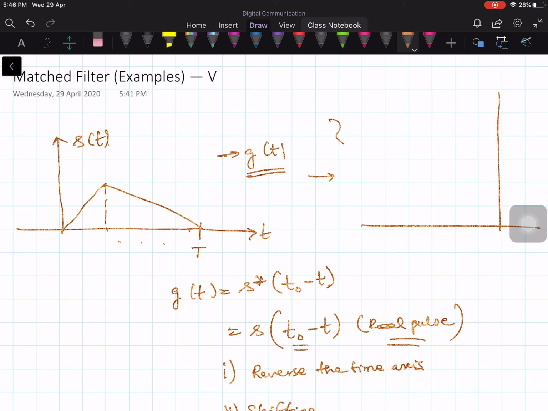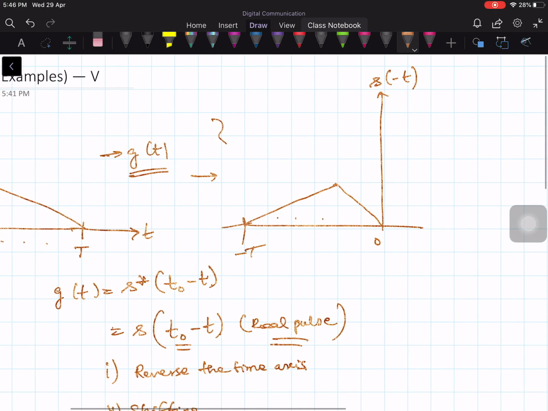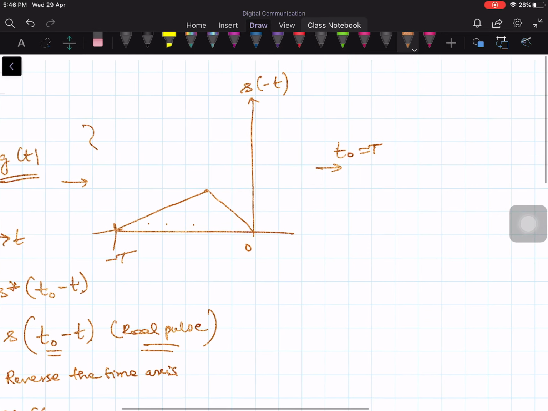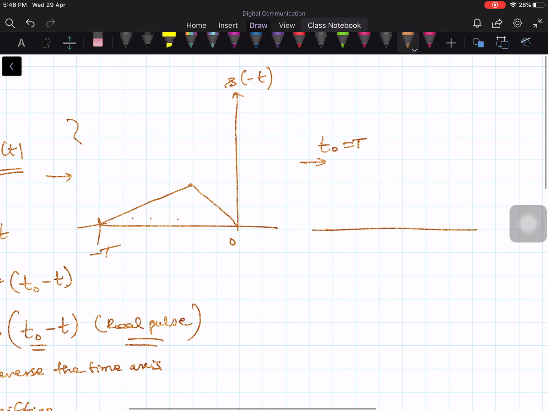So this is like this, then 1 2 3 4. This is minus t and this is 0. This is S of minus t, and then you shift by t naught equal to capital T seconds to the right. Then what happens?